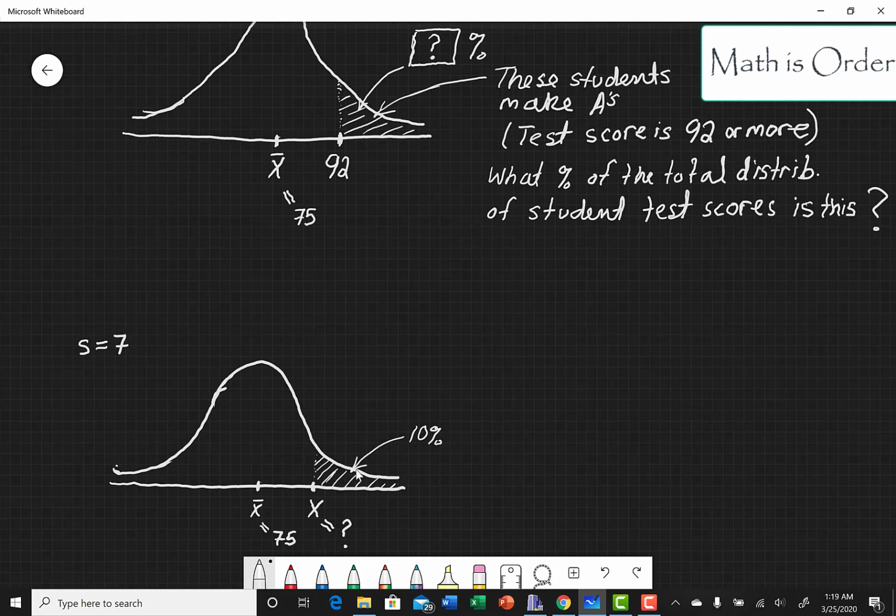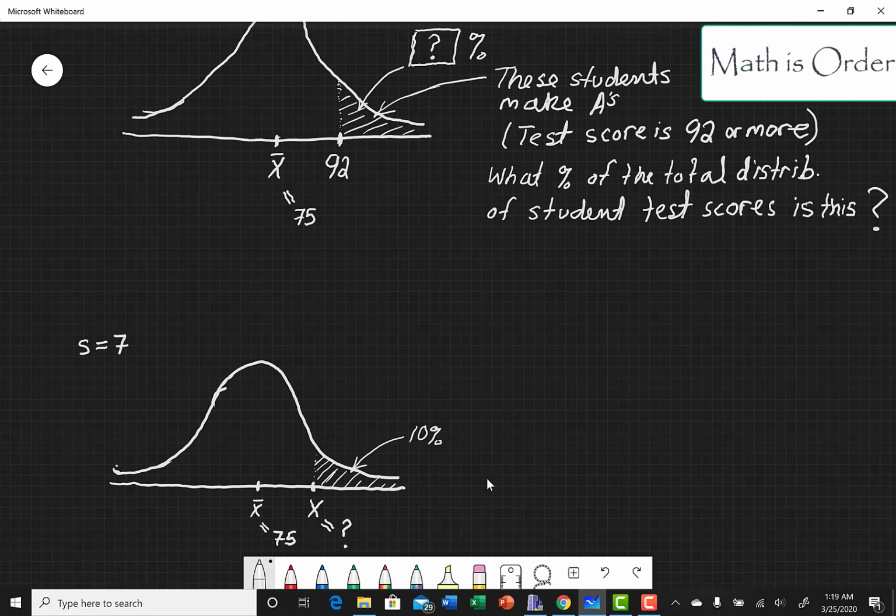This time we're given this percentage, whereas before we did not know it. In number 2, we're trying to find what this cutoff score has to be so that 10% get an A.